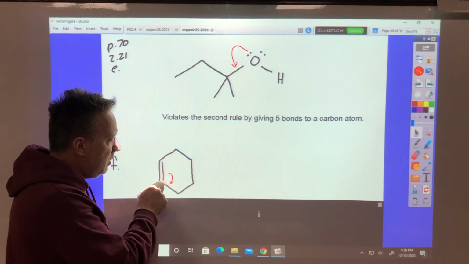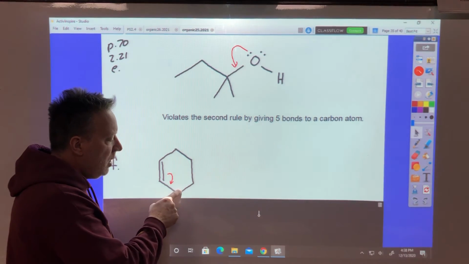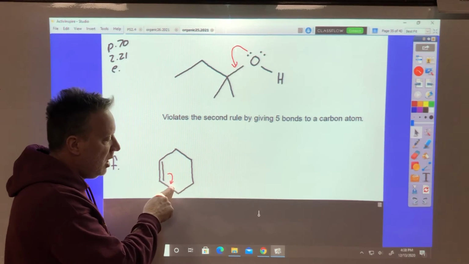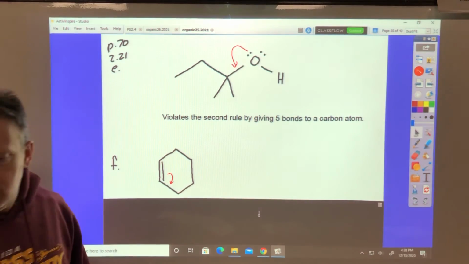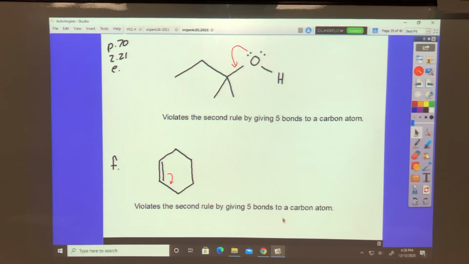Here I have 1, 2, 3 and a hydrogen here as my 4th one. Here I have 1, 2 and a hydrogen and a hydrogen. I've got my 4 bonds. If I try to move this in there, I'll make a 5th one to a carbon atom, and the one I'd be trying to give 5 to is that one right there.